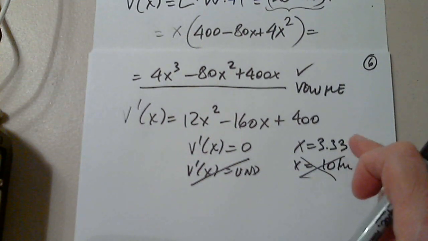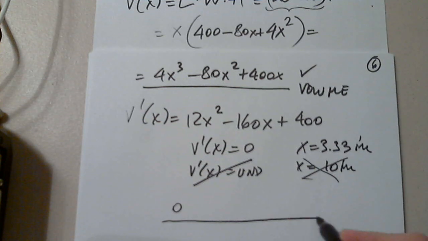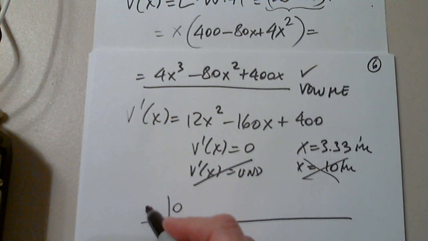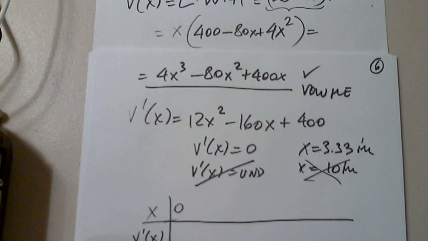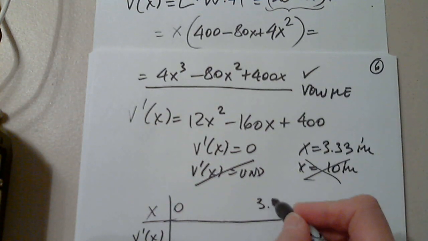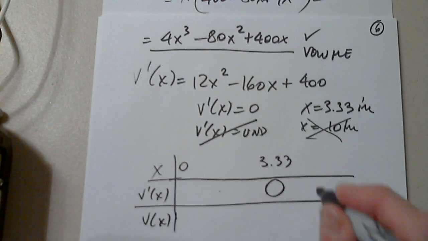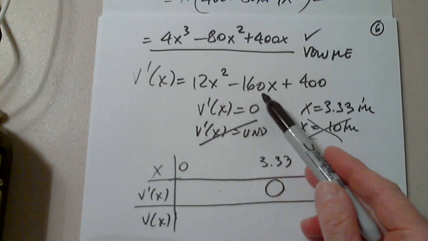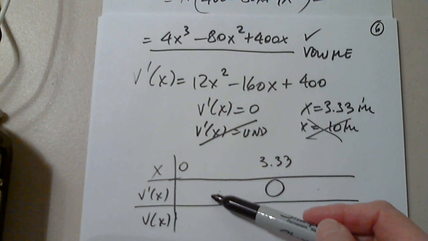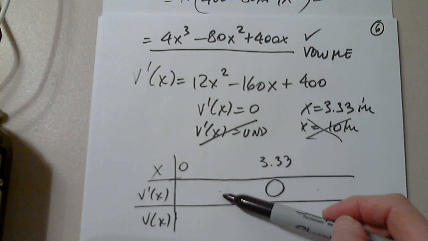Now I have to see if this gives a maximum or a minimum. I do not know. So x, V prime of x, and V of x. So I found 3.33, and I know that V prime is 0. I need to study the sign of the derivative. Can anyone give us, when you plug in 0 here, what do you get? 400.